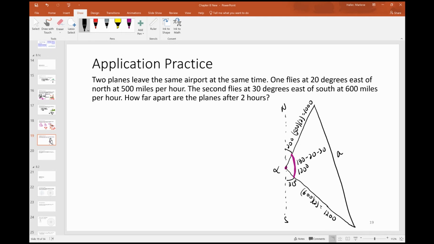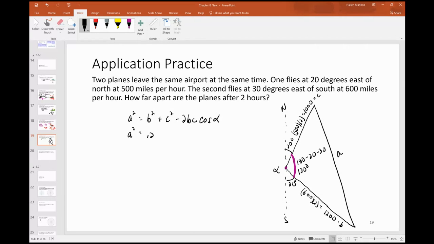Knowing that I now have a side-angle-side triangle, I could use the law of cosines. If we called this angle here alpha, I could say that a squared is equal to b squared plus c squared minus 2bc times the cosine of alpha. So a squared is going to be, which one should be b? We'll say this is b over here. We'll say this guy is c up there.